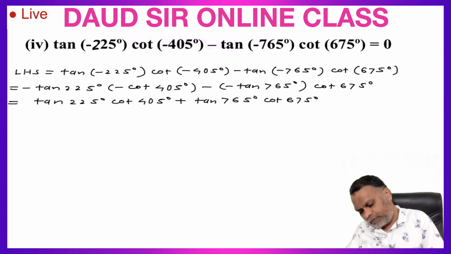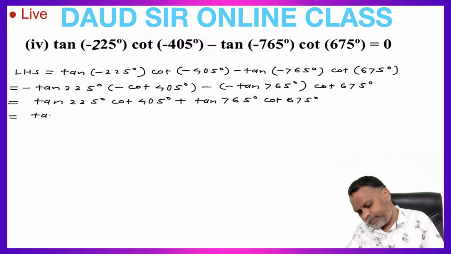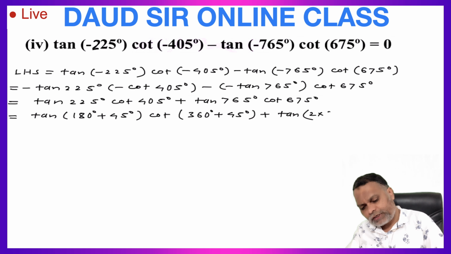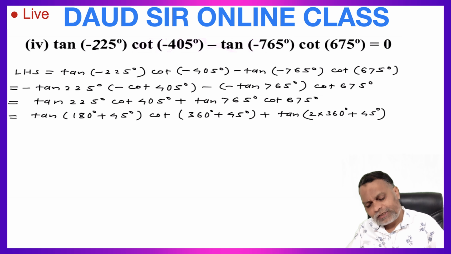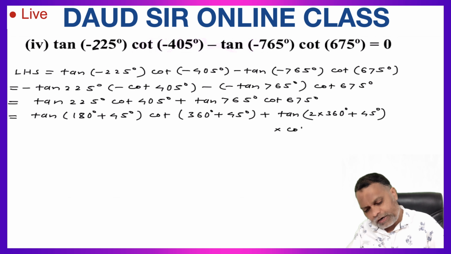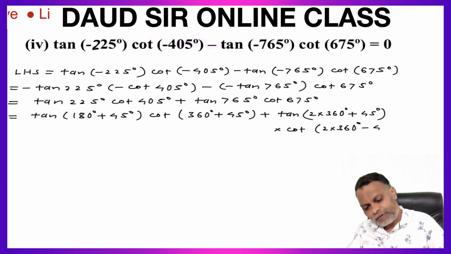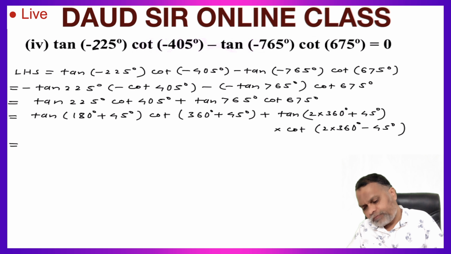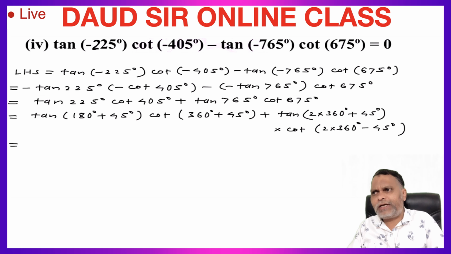Now this 225 degree can be written as tan(180° + 45°), cot 405 can be written as 360° + 45°, tan 765 can be written as 2 into 360, this is 720 + 45°, and cot 675 can be written as 2 into 360, this is 720 minus 45°. 720 minus 45 is equal to 675, which is equal to tan(180 + theta). 180 plus theta lies in third quadrant.